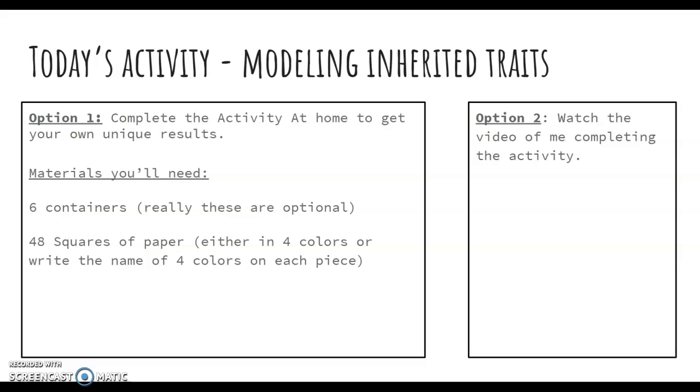Otherwise, today's activity to do at home does not require a whole lot of materials. You need 6 containers. If you don't have 6 containers, trust me, you really don't need them. Small piles spread out on the floor would be completely fine. You'll need 48 squares of paper with 4 different colors.